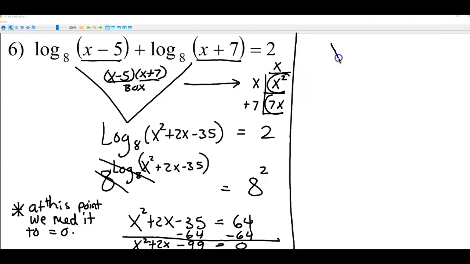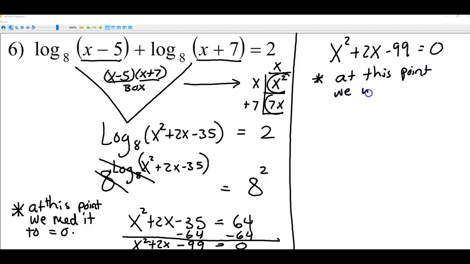All right. At this point, we're going to factor. So there's 3 terms. When you factor that, you're going to use a box method for that.